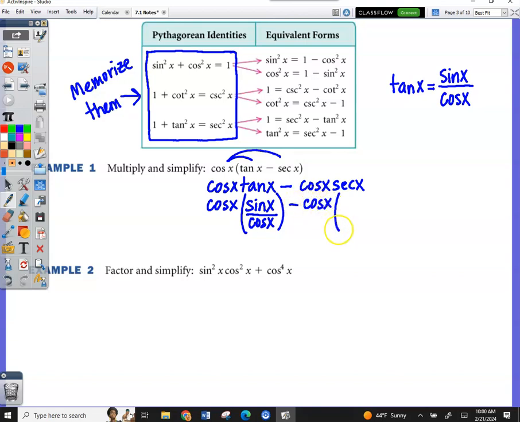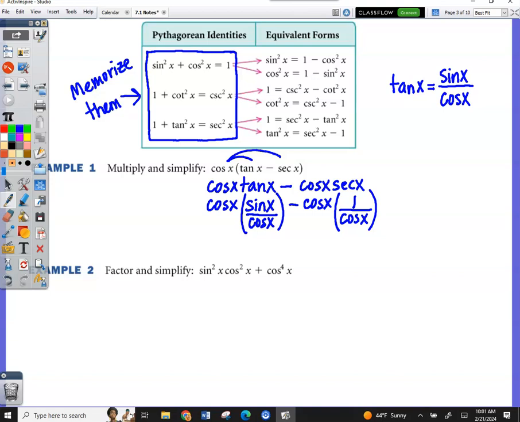What's secant? 1 over cosine x. It helps if you write them kind of in line with each other. Notice my cosine x is in line with my 1 to remind me that that cosine x is understood to be over a 1. Because now you should notice that there's stuff we can do here.